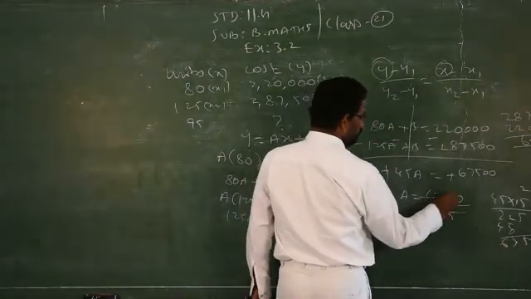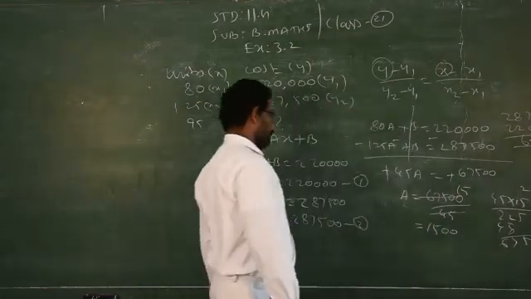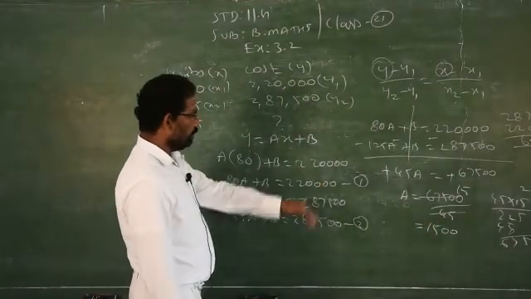So this will go 15 times. So A is equal to 1500.